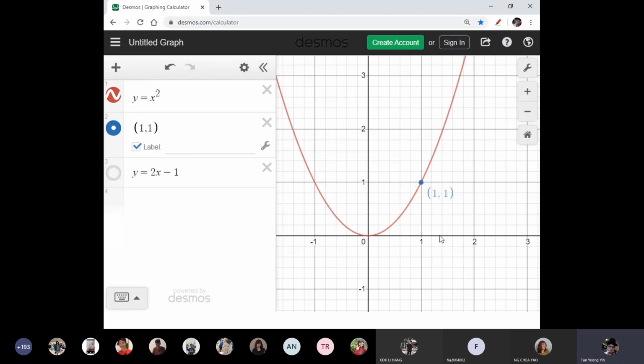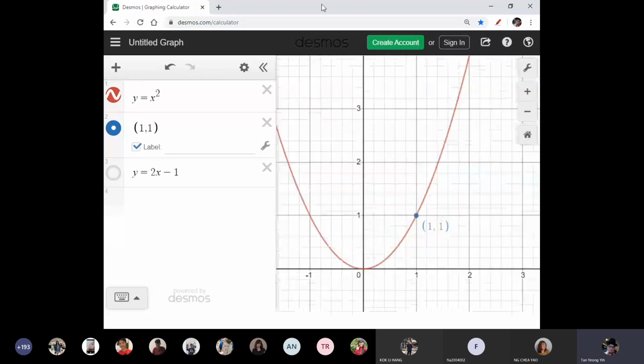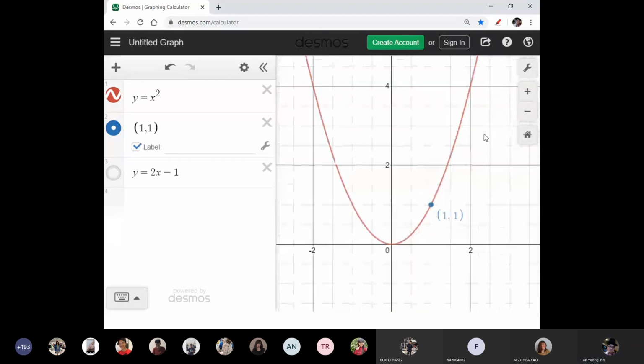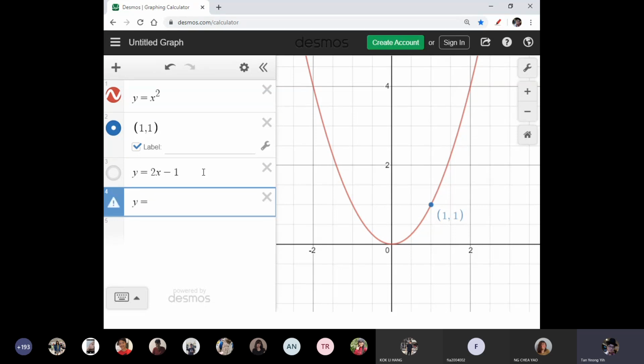For example, now I take another point when x is 2. I want to find the slope for this point again. So I need to draw another tangent line that touches the point. You can see this line is not the tangent for this point.